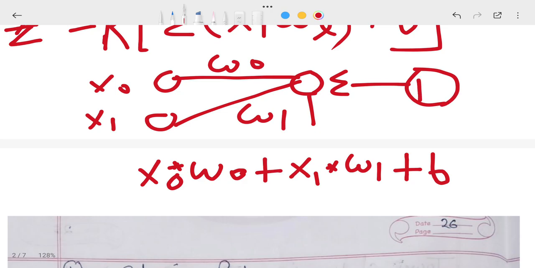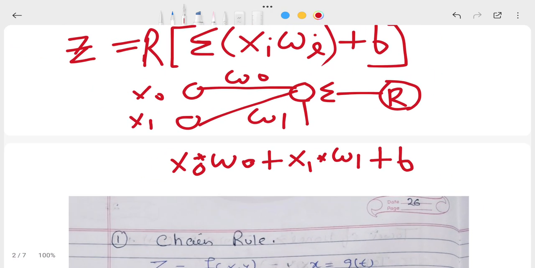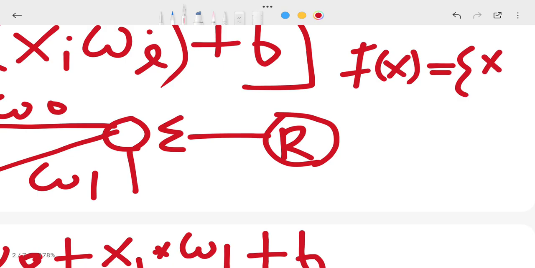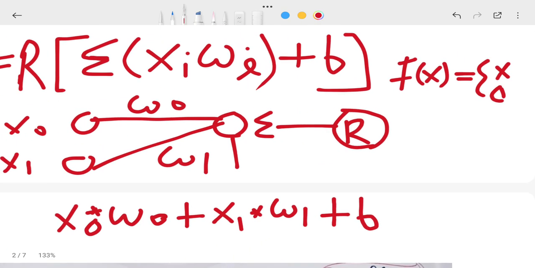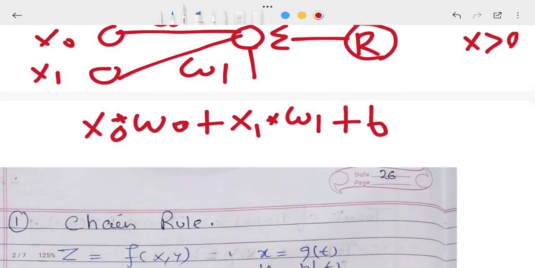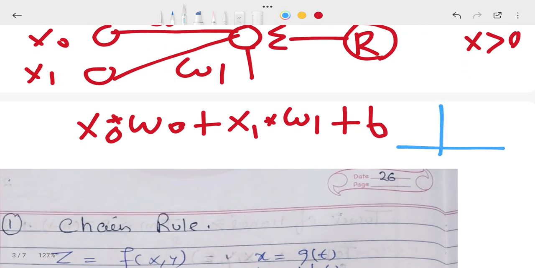Then I am using ReLU. What is the meaning of ReLU? ReLU means you have a function f of x whose output is x or 0, depending on the condition. If x is greater than 0, then you write x, otherwise 0. This is the meaning of ReLU. In the ReLU graph, if x is less than 0, then the value is 0, otherwise if x is greater than 0, the value is x.